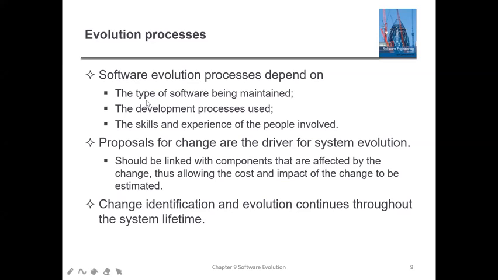The first thing is what kind of software you are going to make. The next is how you are going to utilize the development process, which model you are using to develop your software. The last one is the skills and experience of your resource persons who are involved in your software process. So these all are part of the evolution process. It depends on the next step.